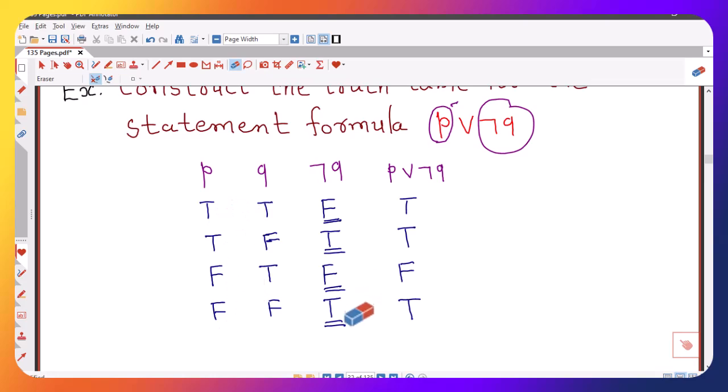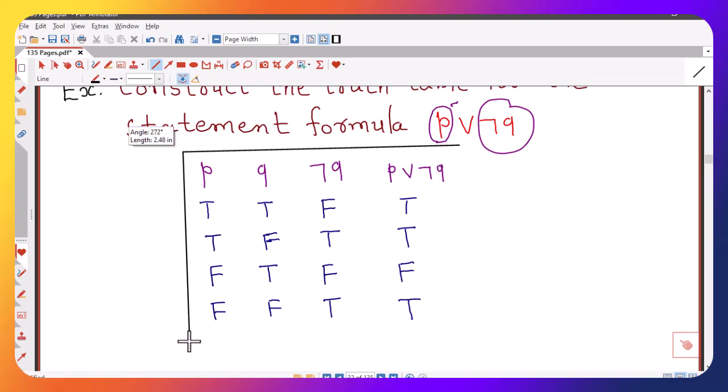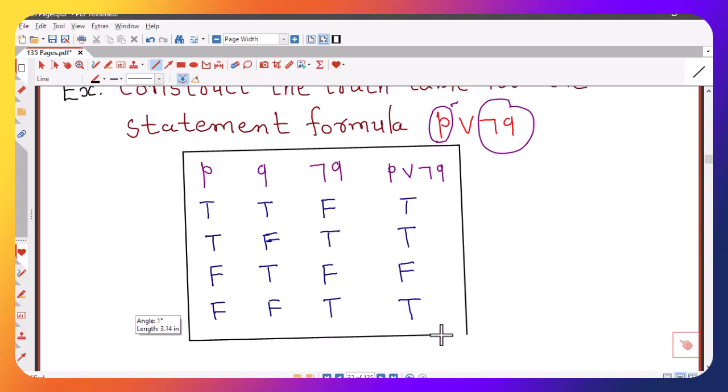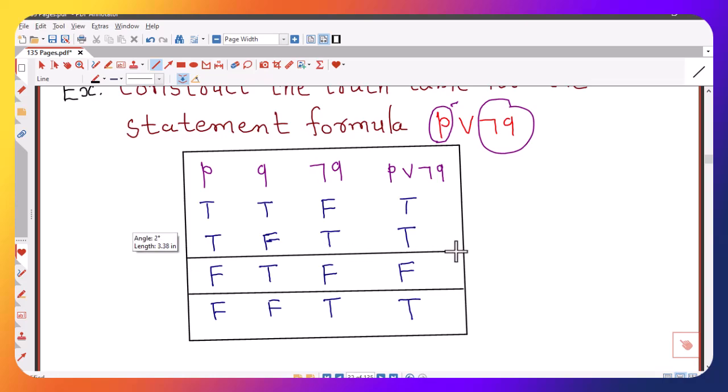Here I have just written it without a table, but we should write properly by using some table like this so that it will look nice. So in this way it is very easy to prepare the truth table. Here I have prepared the truth table for disjunction of statement P and negation of Q.